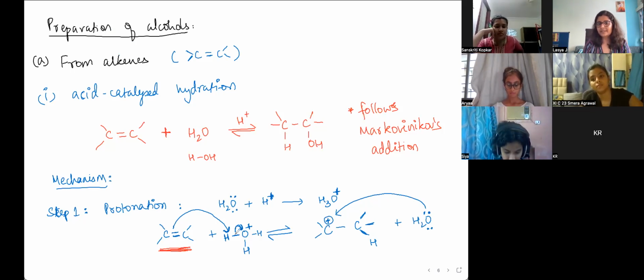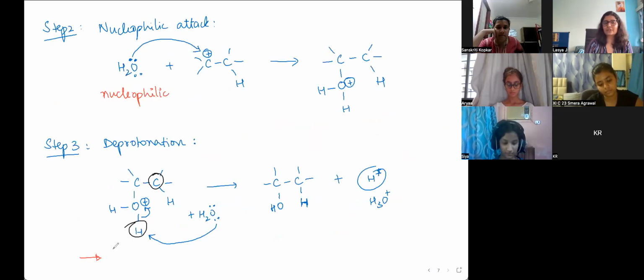Here it is attracted to the electron-rich double bond, right? The whole thing is occurring because a positively charged proton is being attracted to the electron-rich double bond. So this is an example of electrophilic addition.